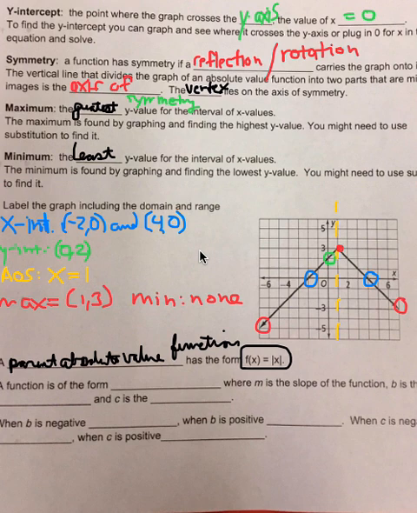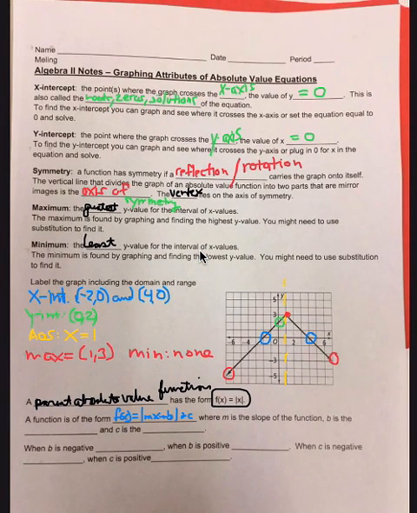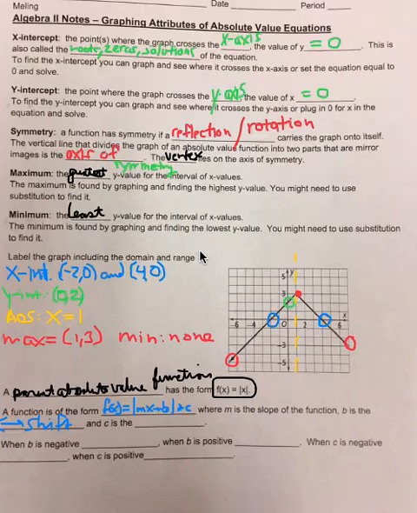And this is a function of the form f of x equals a times the absolute value of mx plus b, plus c on the outside, where m is the slope of the function, b is the horizontal shift, that's left and right shift, and c is the vertical shift, the up and down shift.